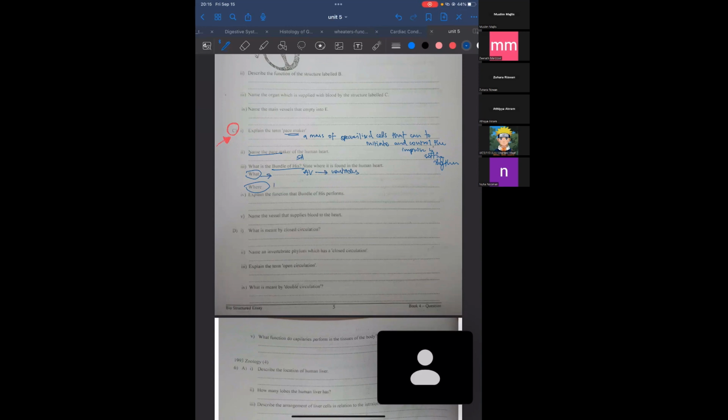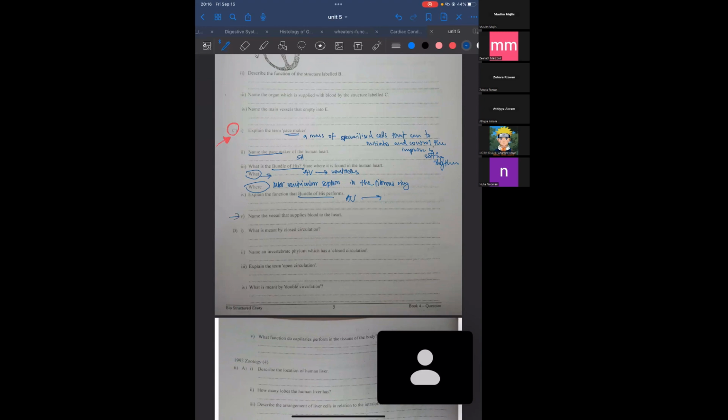It is found in the interventricular septum, the fibrous ring. Function of the bundle of His: it will transmit or relay the impulse from the AV node to the bundle branches, so to the ventricles, and it will take part in the contraction of the ventricles.